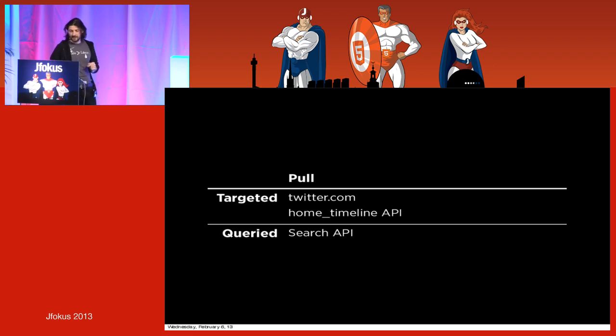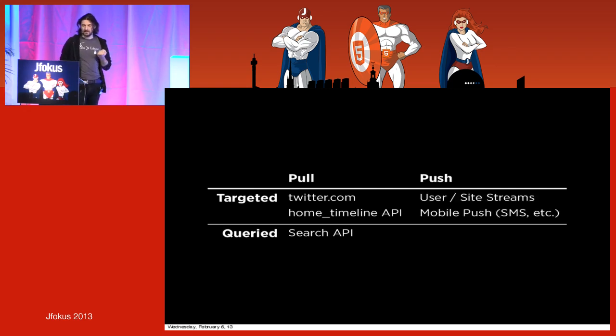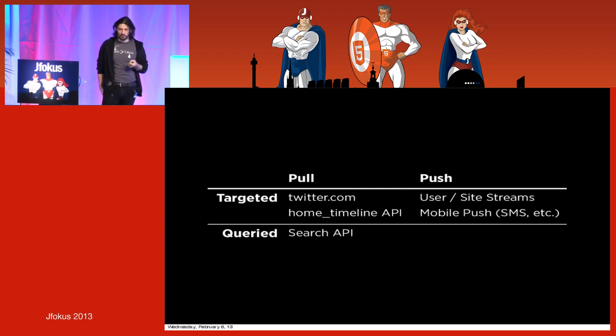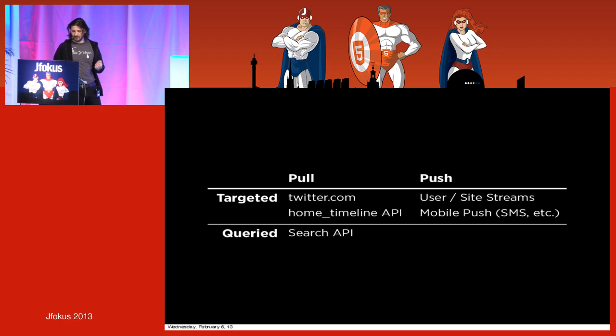We'll get to that. And aside from the pull-based tweet delivery, we also have varieties of push-based deliveries, and there is a duality to targeted and queried on the push side. One of those are the user and the site streams. We will cover what exactly these mean later. With those, we can deliver timelines to your device without the device having to pull all the time, normally through an open socket.